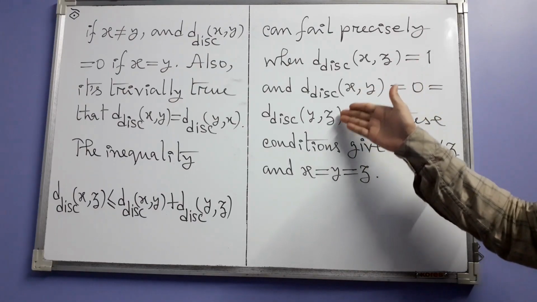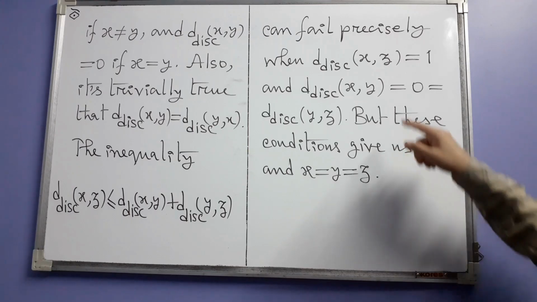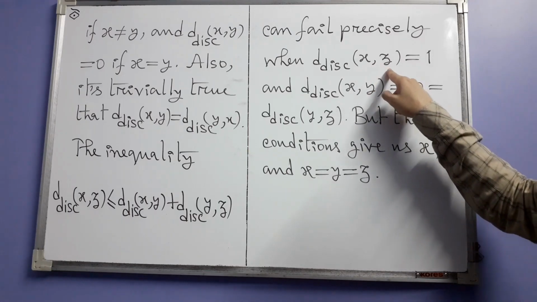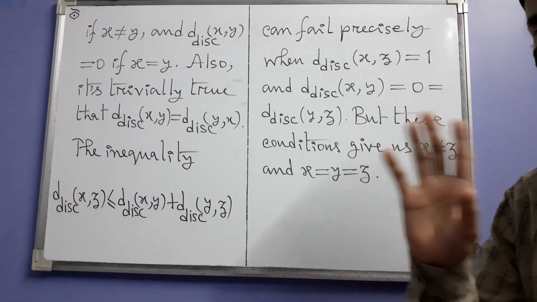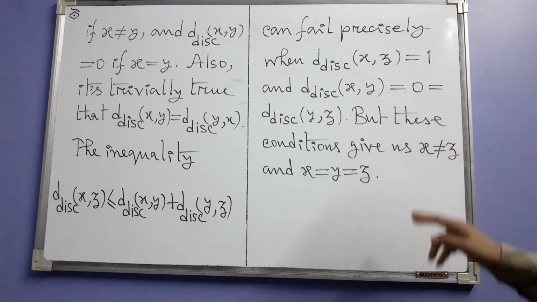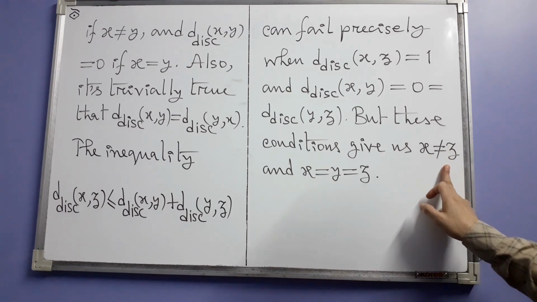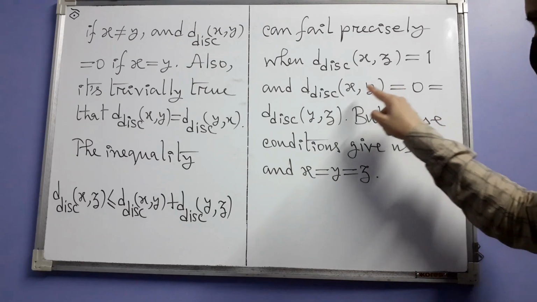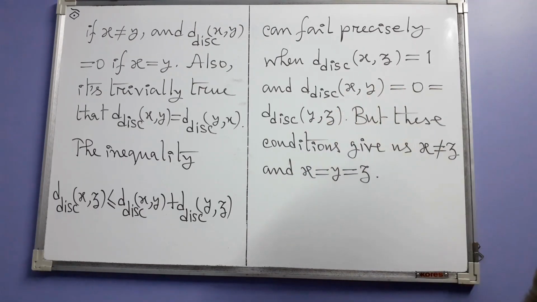But what do these conditions give us? If x and z must have distance 1 between them, obviously they cannot be equal because otherwise the distance would be 0. So that is why x should be different from z. However, we only have 0 distance from d-disk when x and y are equal, when the points are equal.